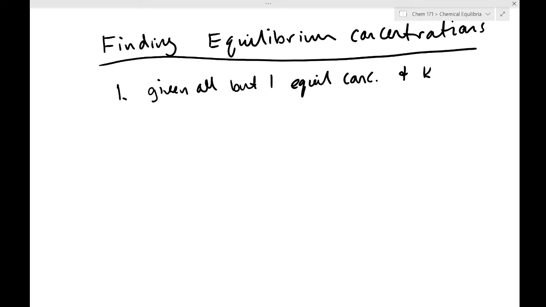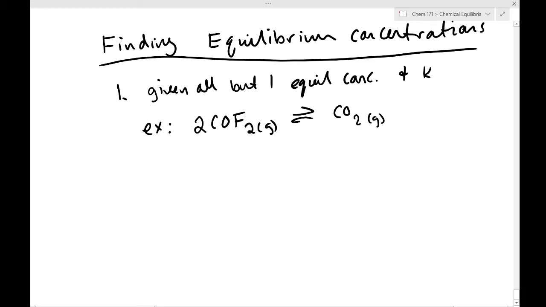For example, let's do it as an example because I find that those are a lot easier. If we have COF2 gas dissociating into carbon dioxide gas and CF4 gas, okay, and we're given a Kc value of 2.00.